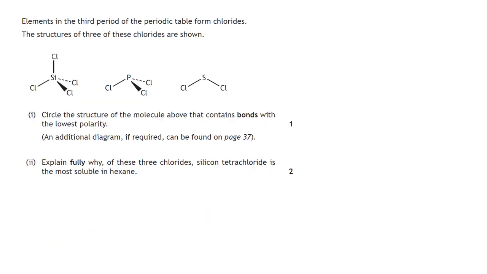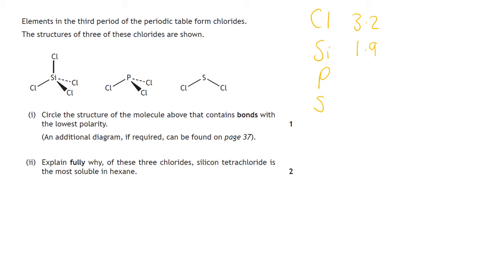A similar question related to polarity. This time, what it's asking us to do is compare which one of those 3 molecules contains bonds with the lowest polarity. So what we are thinking about is the fact that we have chlorine, which has an electronegativity of 3.2, and then we are comparing silicon, phosphorus, and sulfur. Silicon has an electronegativity of 1.9.